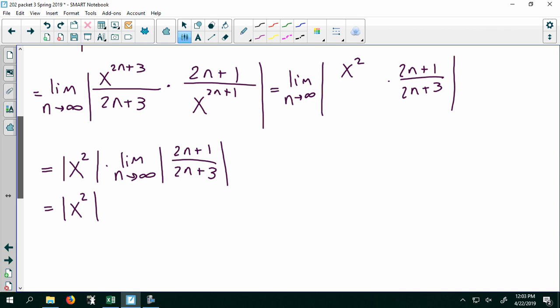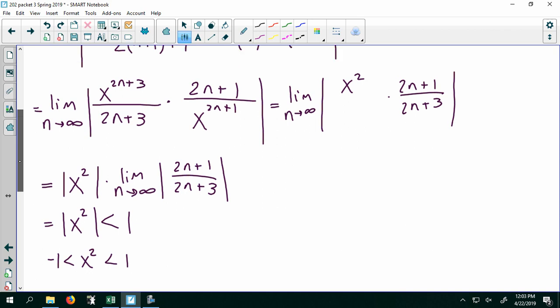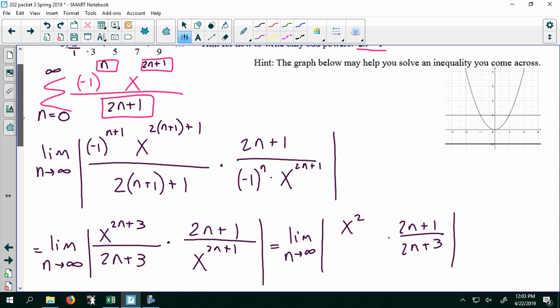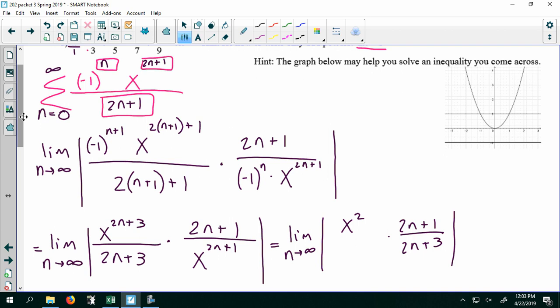To get convergence, I have to make sure that this limit is less than 1. That's what the ratio test says. When that limit is less than 1, you get convergence. So to solve this, I have to sandwich x squared between 1 and -1. And this is sort of tricky to solve algebraically, so I gave you a graph to help you solve it. Here's -1, here's 1, and here's x squared.